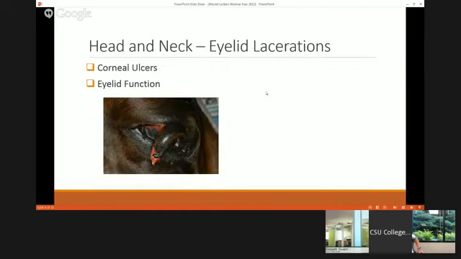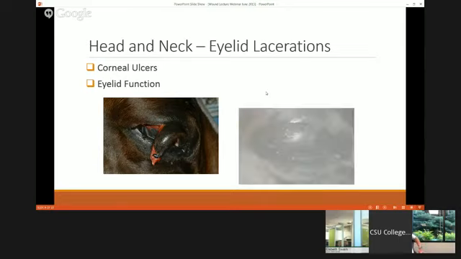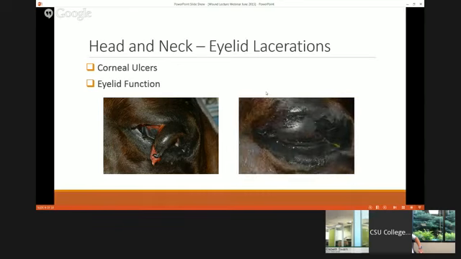Eyelid lacerations are pretty common, again, because the eyes sit big on the side of the horse's head, and it's really important that if you see a laceration or a wound like this in your horse that you get it treated very quickly, because as you can see here, we can repair the wound so that the eyelid goes back to sitting exactly where it was before, and the eyelid is very important in the function of the eye, and so if it's not put back together as accurately as possible, the function of the lid can be compromised.